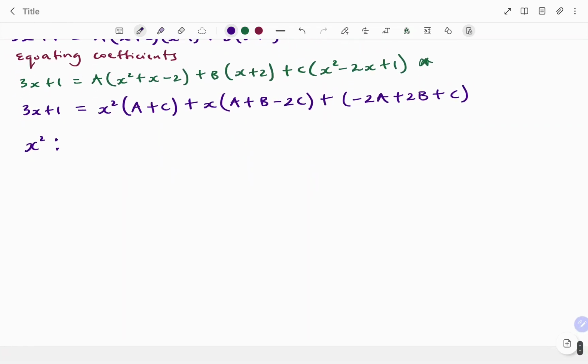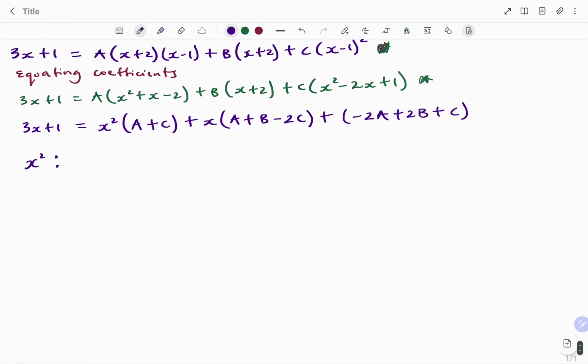On my left hand side, the coefficient of x squared is 0 because I only have 3 as the coefficient of x and my constant term is 1. So on my left hand side I have 0 equals, and on my right hand side the coefficient of x squared is a plus c. So I'm going to write that up, a plus c.